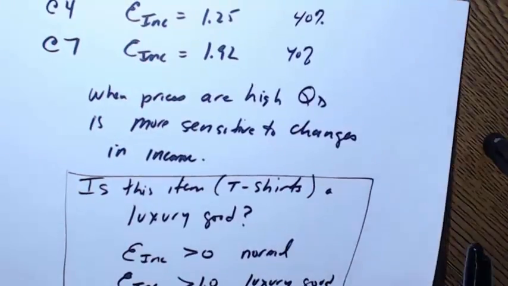Let's take the problem one step further and ask ourselves, look, if all this data came from one particular store, is the store better off in terms of revenue? Is it better off having a high price or a low price? I'll answer the question looking at the $20,000 average tourist, and then basically the same results come out if you look at the $30,000 average income for the tourists. So we're asking ourselves about revenue.